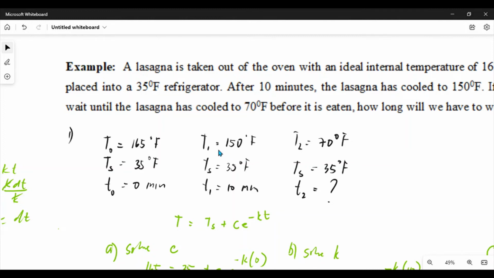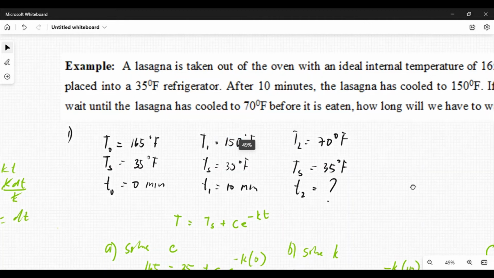So we have T sub 1 equal to 150 degrees Fahrenheit, and T sub S, the temperature of the refrigerator, is still the same, 35 degrees Fahrenheit, and our t sub 1 here is 10 minutes. We put the lasagna inside the refrigerator with a temperature of 35 degrees Fahrenheit, then after 10 minutes it is cooled down to 150 degrees Fahrenheit.